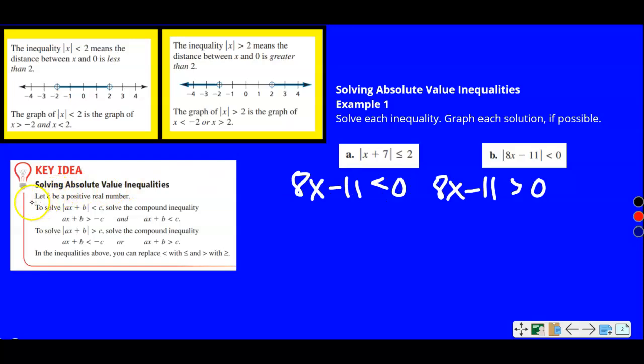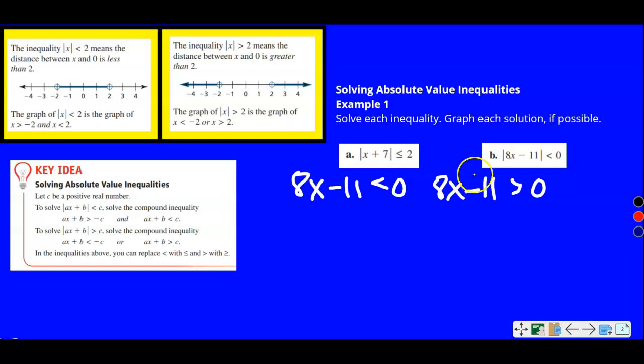So come over here and look at the property again. It says let C be a positive real number. So 8x minus 11 less than 0, and this one is greater than 0. By definition, the absolute value of an expression must be greater than or equal to 0, so this one cannot be less than 0.